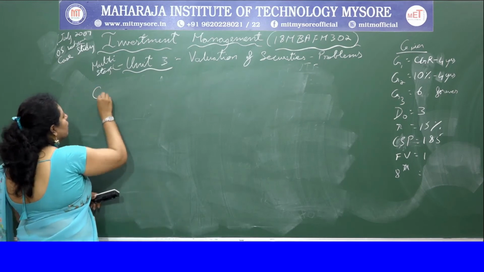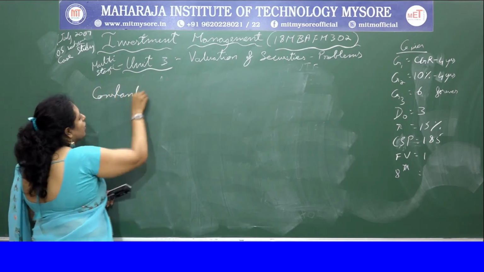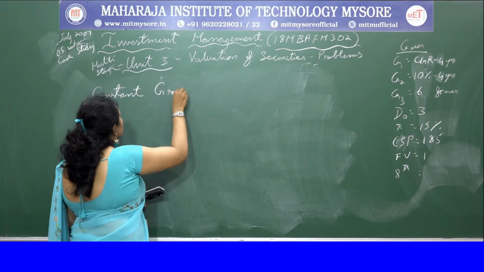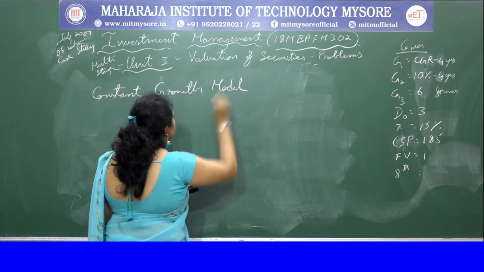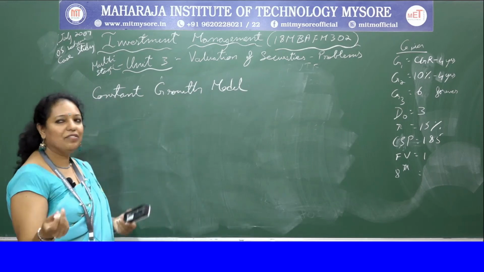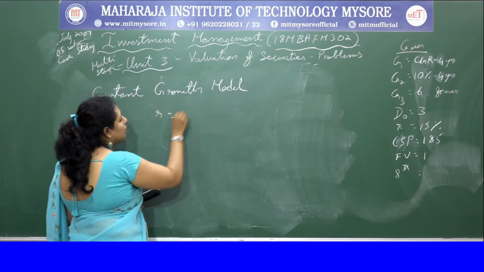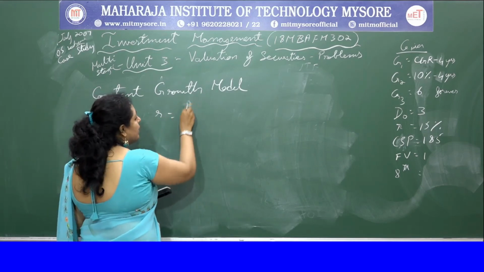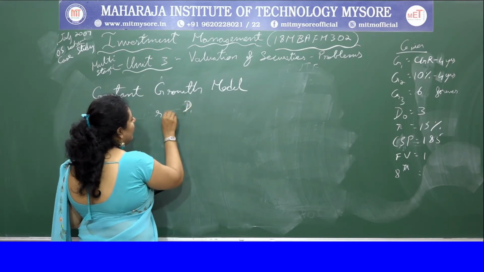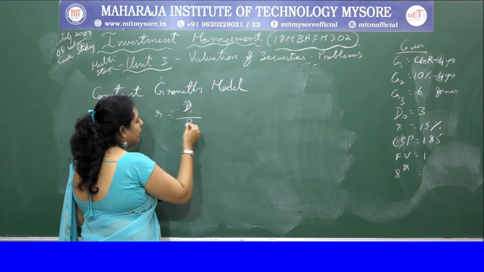So put the heading constant growth model, and for that probably Nagesh sir has done it for you all. I'll put R minus D1 divided by P naught.